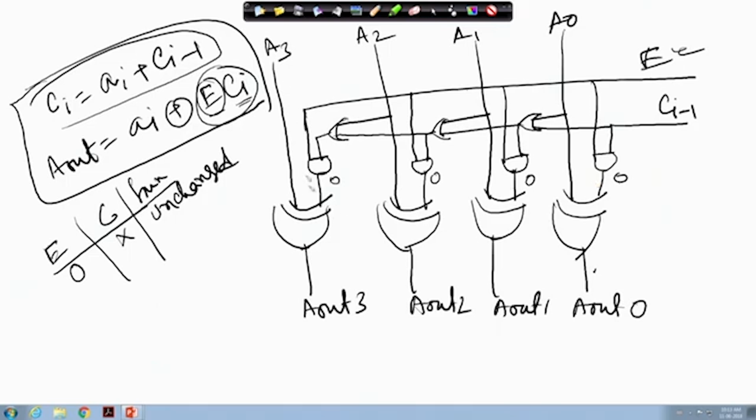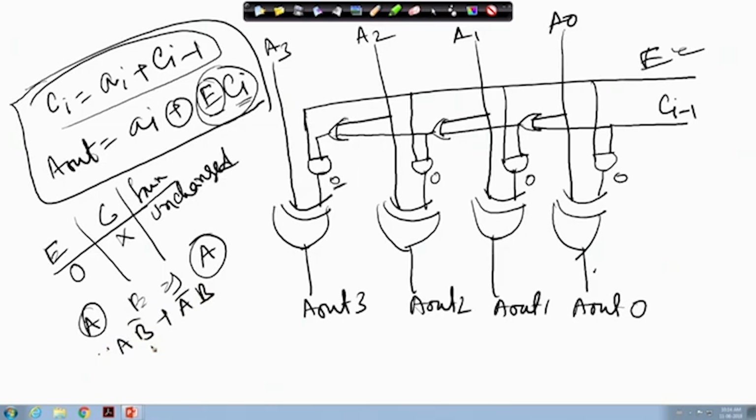That means, so in XOR gate we know that if any of the inputs is 0, at that time output is nothing but the other input, right. So, that means here if it is 0, at that time A 3 will directly come to the A out 3. Why? Because if you see what is the expression for XOR gate? Expression for XOR gate is A B bar plus A bar B, correct.